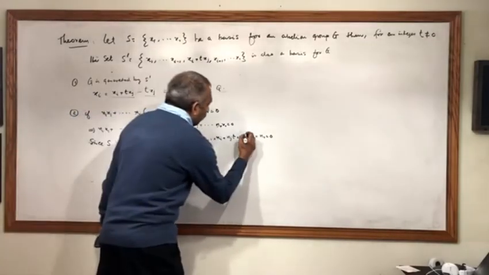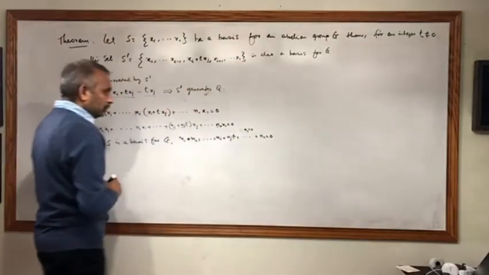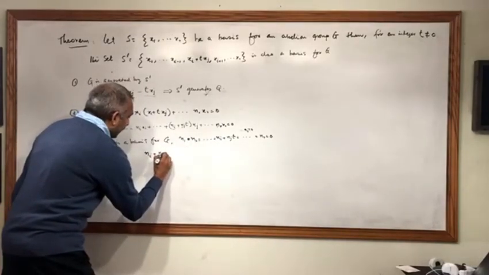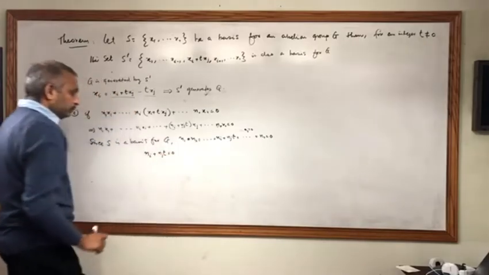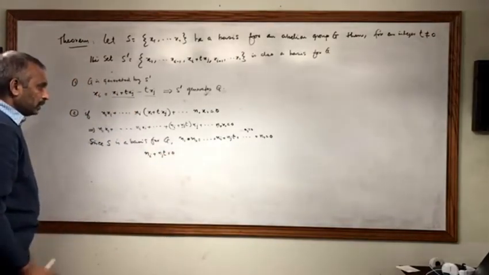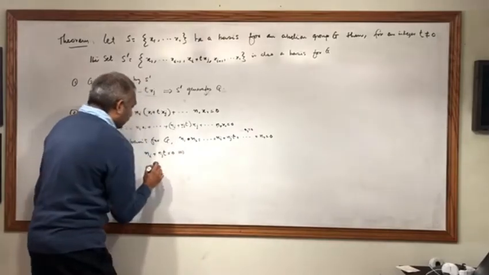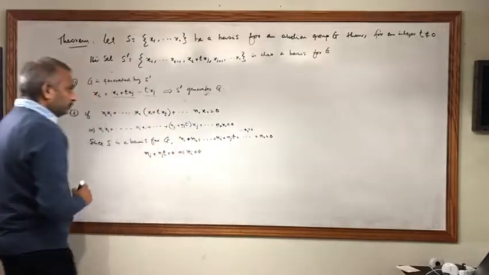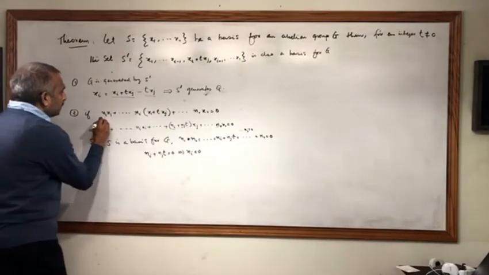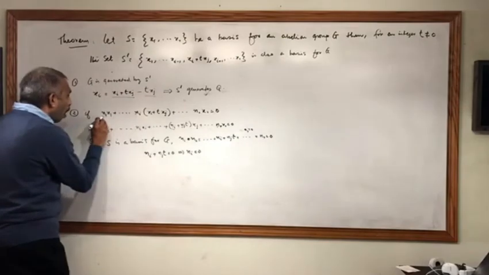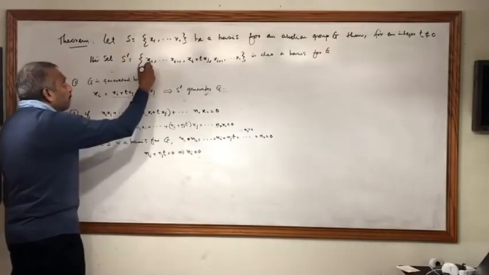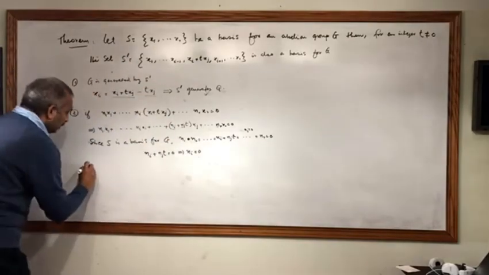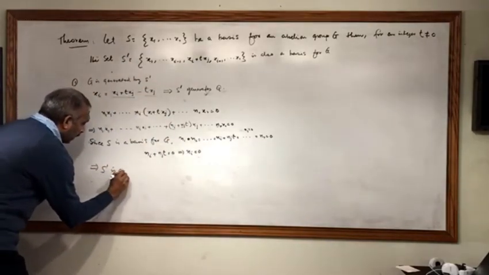In between you have nj also equal to 0. So this means ni plus njt is equal to 0. And that means nj is already 0, so that means ni is equal to 0. And that means all the coefficients of the elements from S prime are zeros, and that implies S prime is a basis for G.